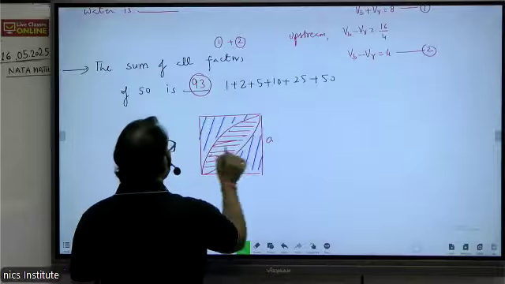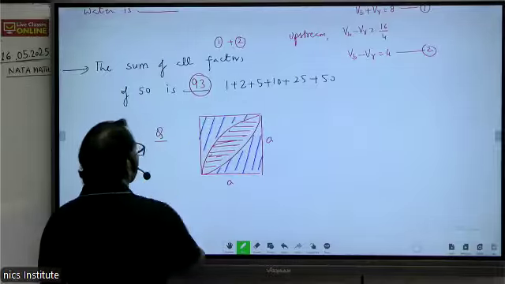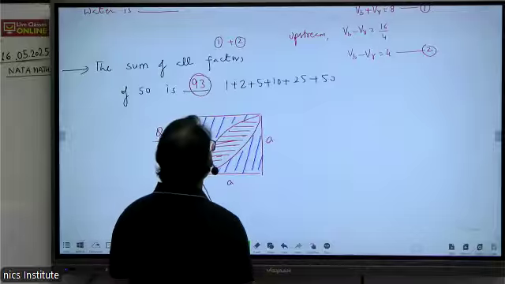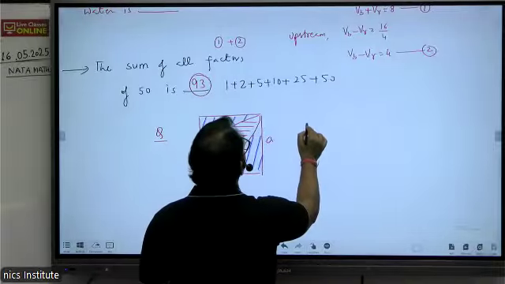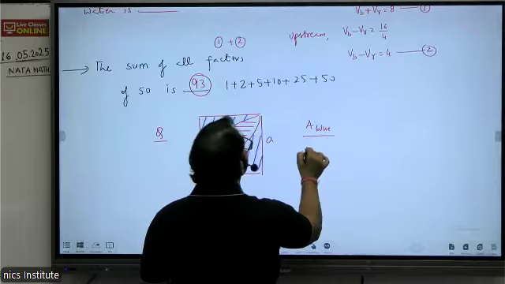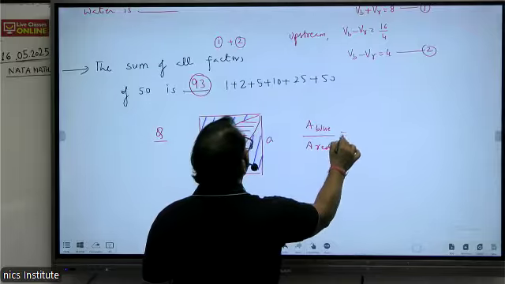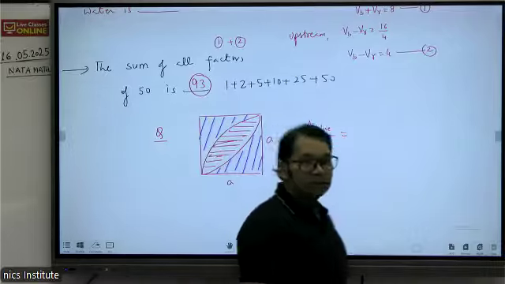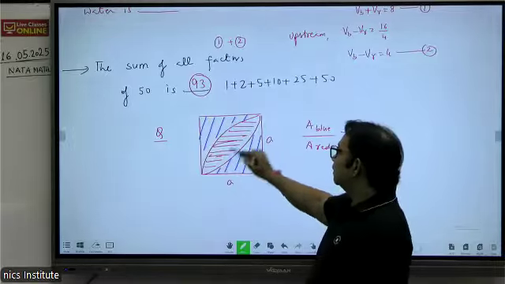This is a square of side A. Find the ratio of area blue to red. Ratio of areas. This is basically an arc. This is also an arc.